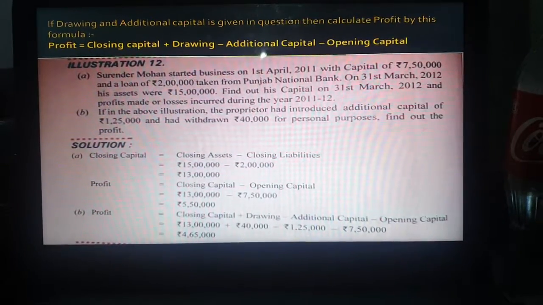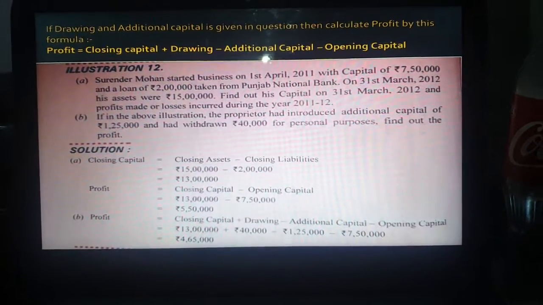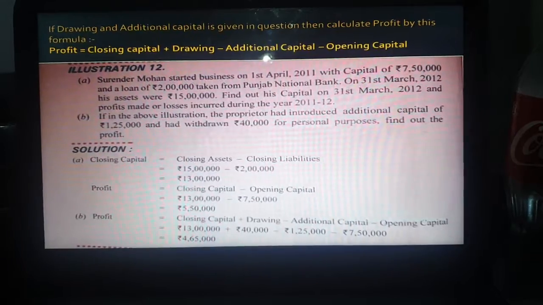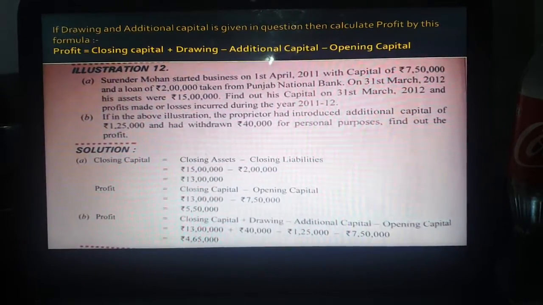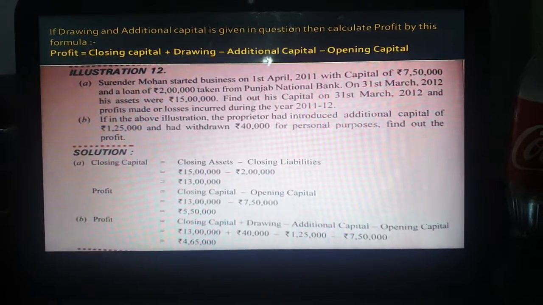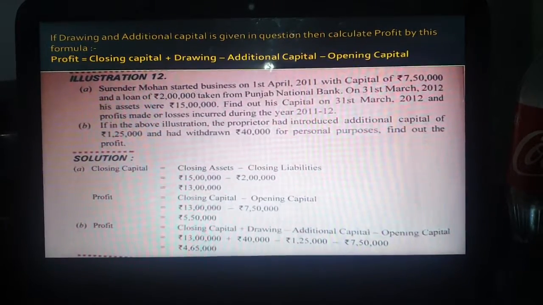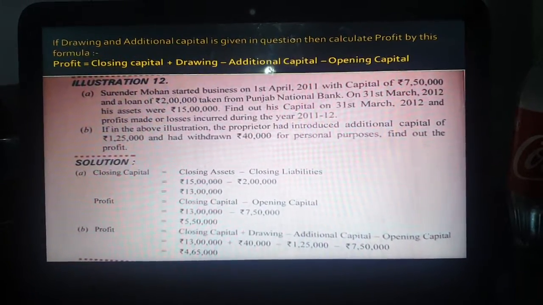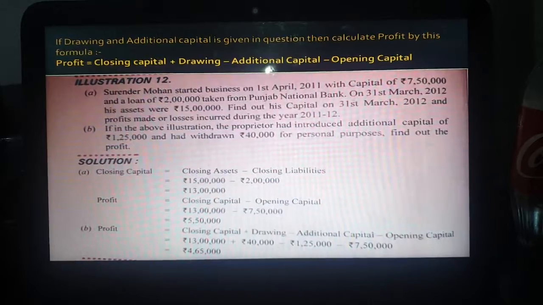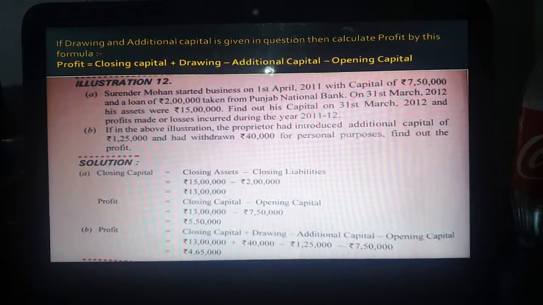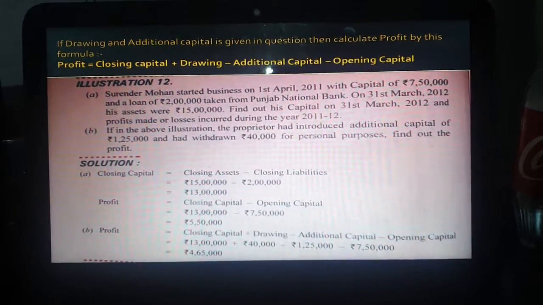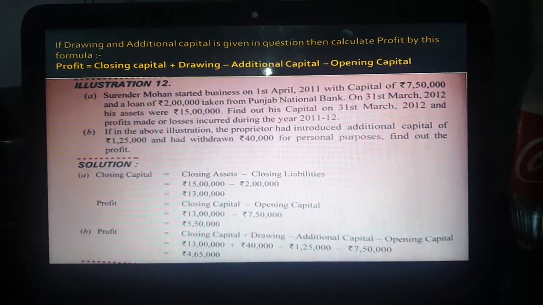First take closing capital, then add drawing, less additional capital and less opening capital. So closing capital is 13 lakh plus drawing 40,000 minus additional capital 1,25,000 minus opening capital 7,50,000. So the net answer is 4,65,000.